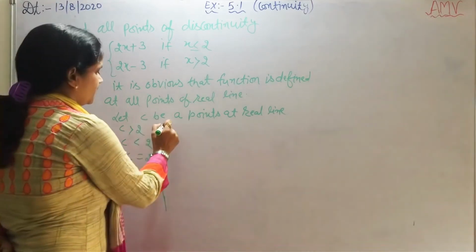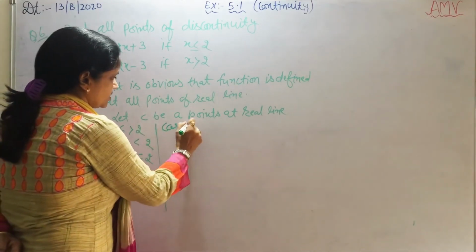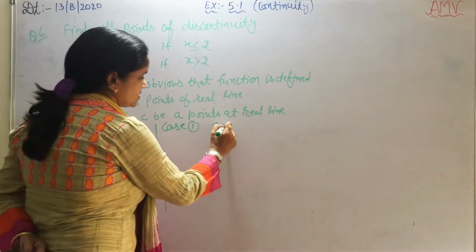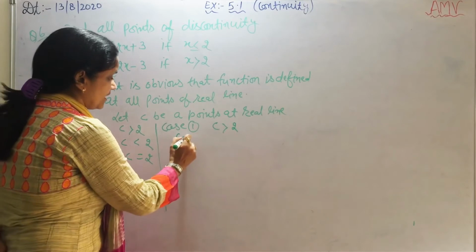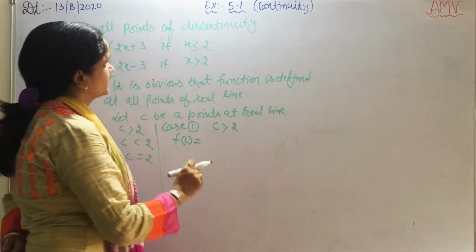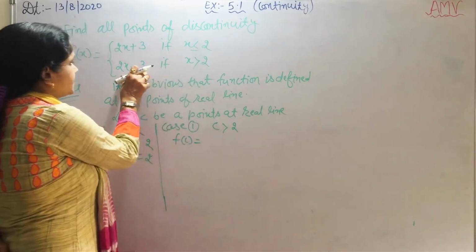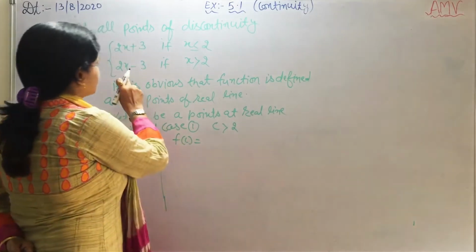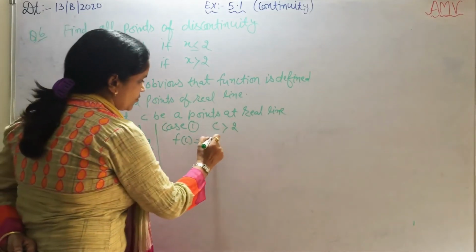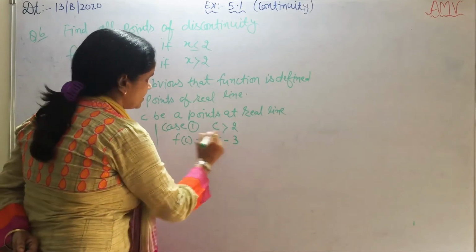Now start case 1 when c is greater than 2. First find f(c), the value of the function. Take the function 2x minus 3 and in place of x write c. So it's 2c minus 3.